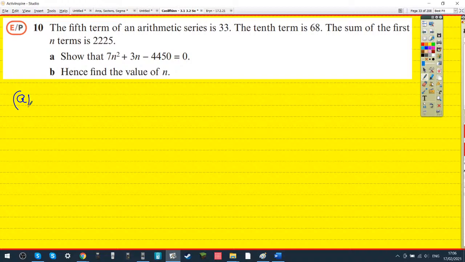I'm not too sure how to start. Just like the last one. Make an expression for the fifth term, or an equation for the fifth term in this case.